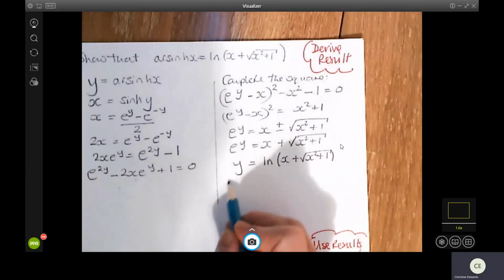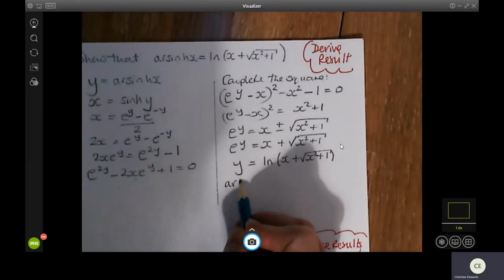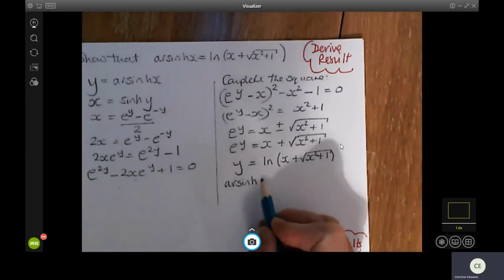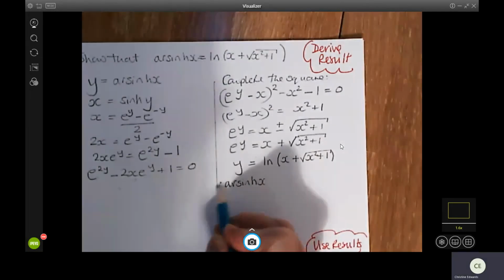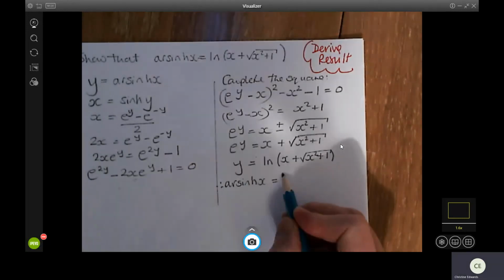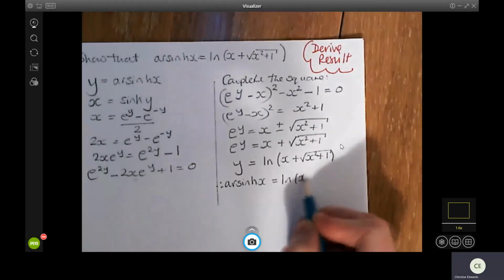Hence, y is the inverse of hyperbolic sine of x, so I have arrived at the required result.